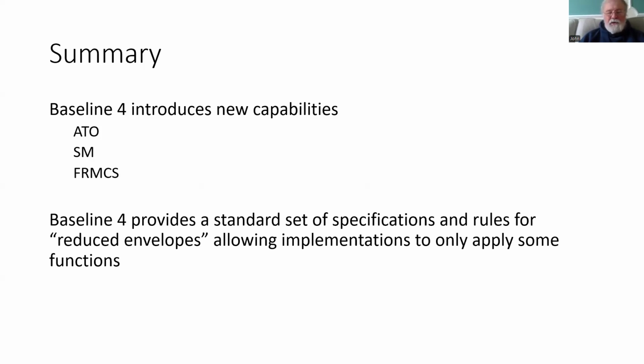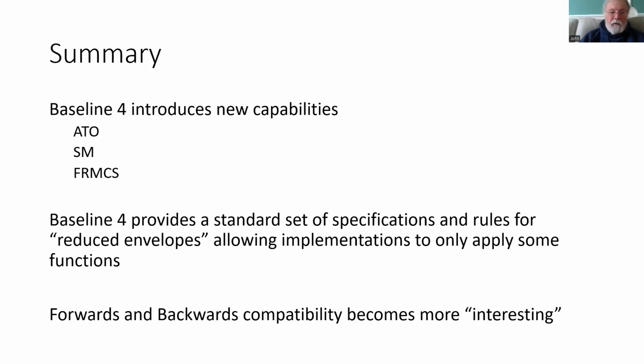That sort of existed in Chapter 6 of Subset 26, where it described how tracksides and onboards would behave when working with other releases or baselines of the other product. And I think it can be said that forwards and backwards compatibility becomes more interesting.